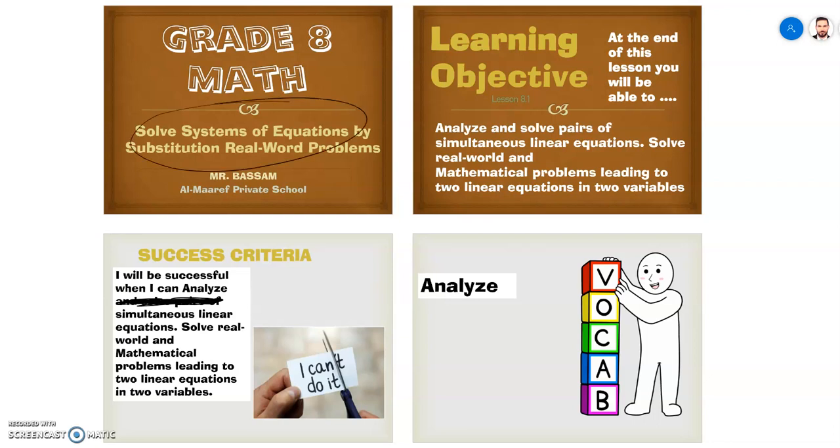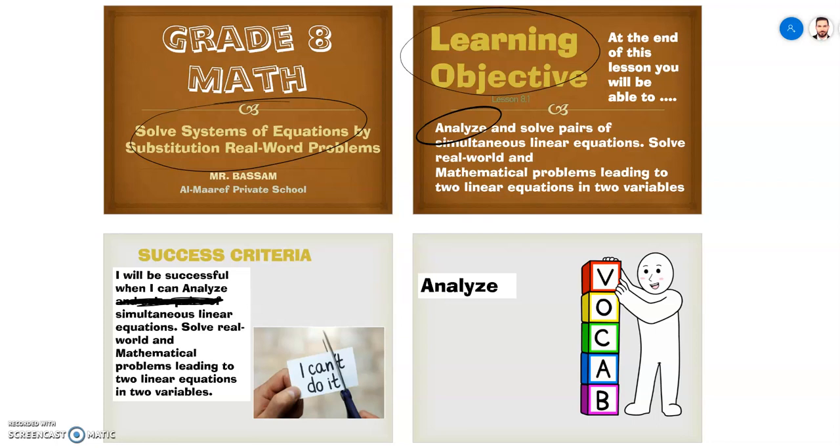Our lesson is about solving a system of equations by simultaneous equations in real world problems. Our learning objective: at the end of this lesson, you will be able to analyze simultaneous linear equations and solve real-world and mathematical problems leading to linear equations in two variables.